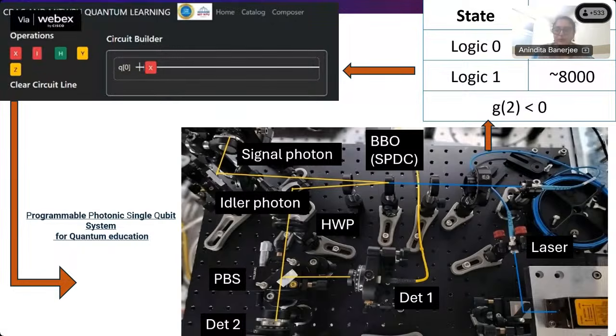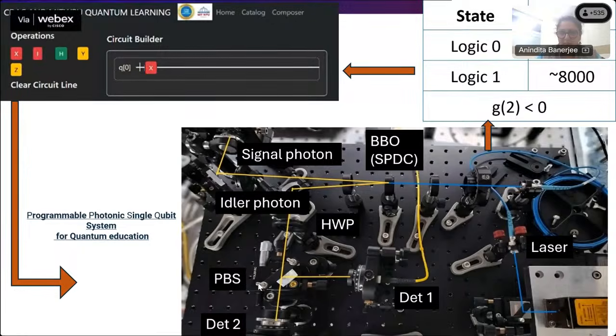A lot of things have to be taken care of to generate the state which you want. Here it is a signal and idler photon. This is not entangled, and I'm using only one photon. The other photon is going to the other detector, and the detection of one photon has no influence on the detection of the other.